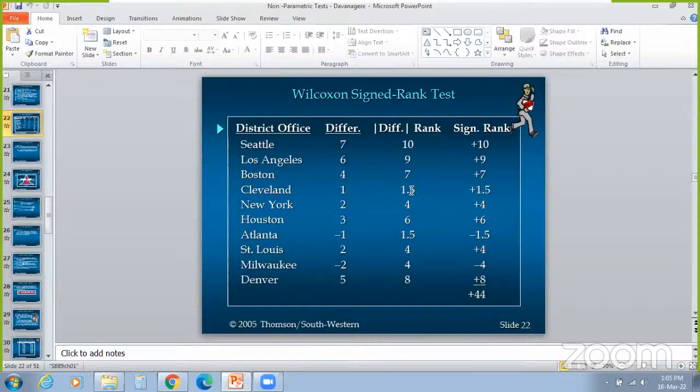This is rank 1.5, because whether these are the highest or lowest values, ascending or descending order, since they are equal values, they are tied ranks and are equally divided. Then for signed rank, you assign plus for plus values, minus for minus values, and the total is 44. This is the sum of the signed ranks.